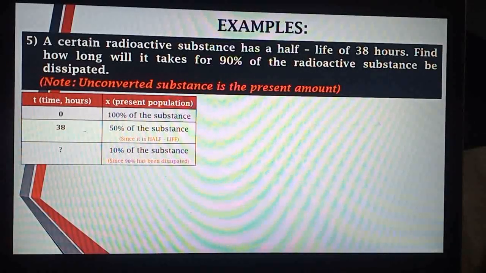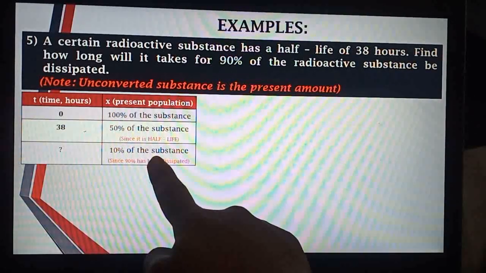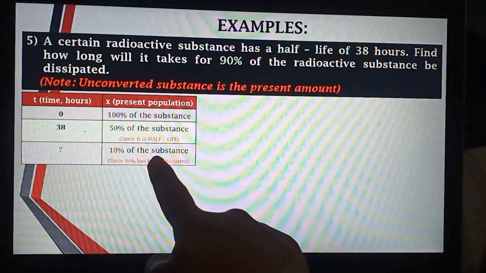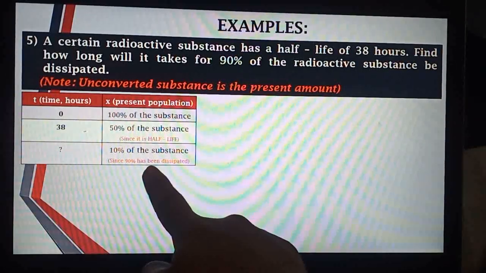If 90% of the substance is dissipated or converted, obviously again, 10% of the substance is unconverted. Now the question is, when will only 10% of the substance be unconverted, wherein 90% has been dissipated?